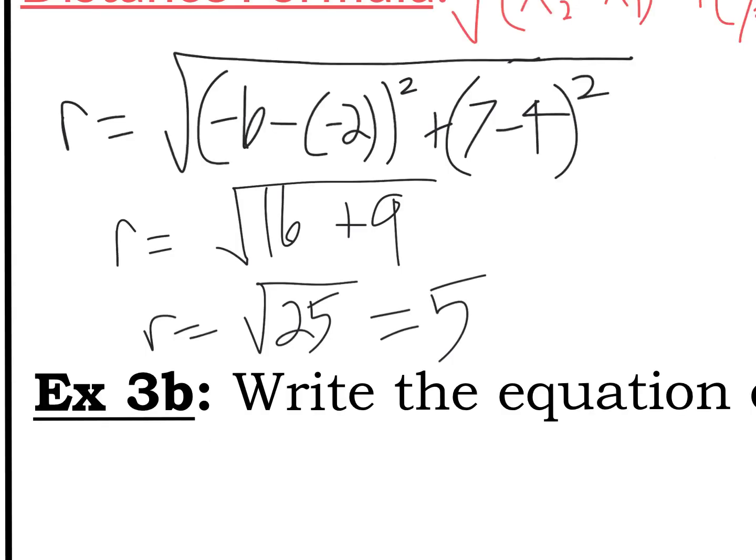Plugging in my x1, x2 values, y1, y2 values, I get negative 6 minus negative 2 squared plus 7 minus 4 squared. Negative 6 minus negative 2 turns into negative 4. Square that, you get positive 16. 7 minus 4 is 3. Square that, you get 9. 16 plus 9 is 25. And the square root of 25 is 5. So that tells me my radius is 5.